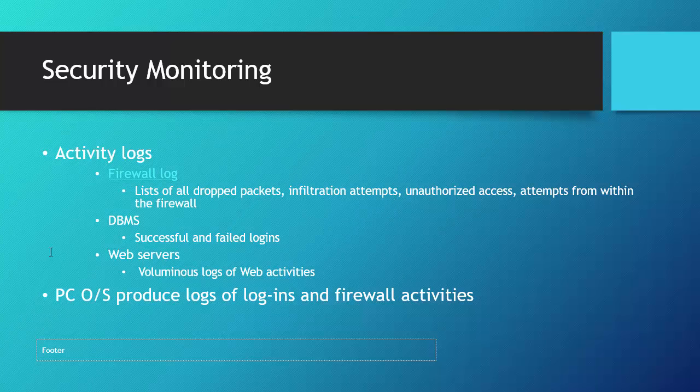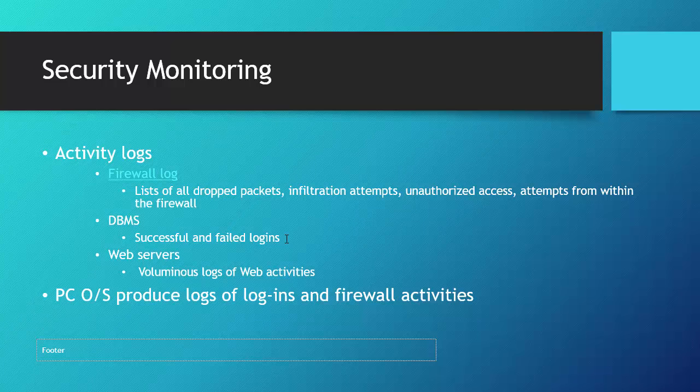In terms of a database management system, they may be monitoring successful and failed logins. If you notice that there's a lot of failed logins, that maybe somebody's trying to hack into your database. Same thing with your web servers. We can track a lot of information there. If we turn on those capabilities of the server, we can monitor the security information about who's coming from where.